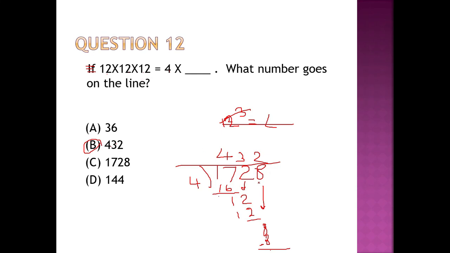I hope that is clear. If it's not clear, just rewatch it, or work out the math and you will get it. I'm sorry for this mess right here. All right, so let's move on, guys.